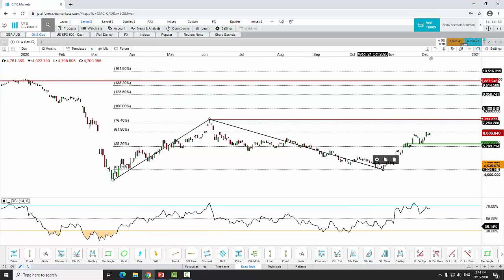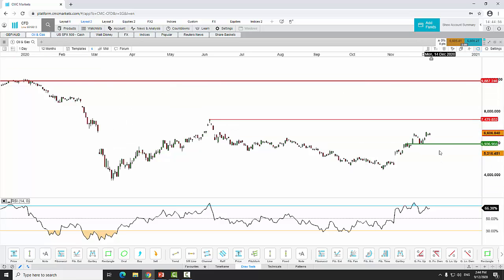Let me delete this. At 5,936 level, first step is for it to go up towards 7,480. A break above 7,480 should take us higher towards 9,887 slash 9,600, which is the 1.382 Fibo extension level, in the 1 to 3 months perspective.